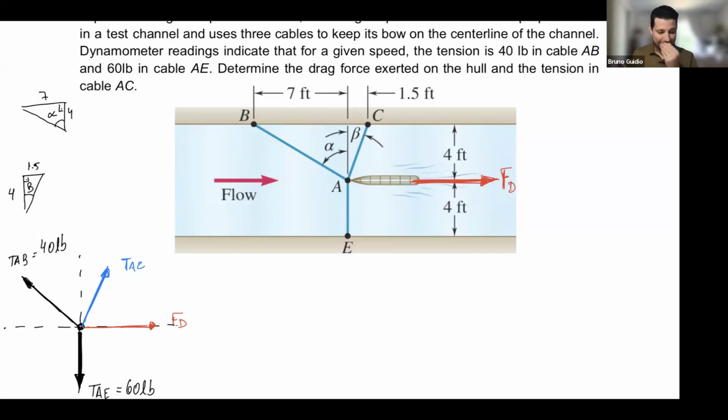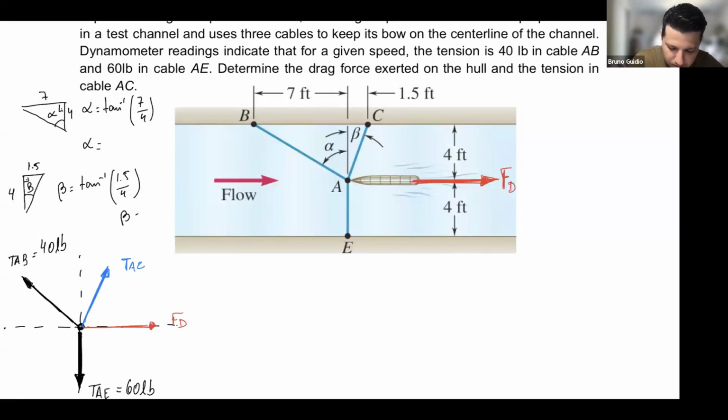How can I find it? Alpha is inverse tangent of 7 over 4. Beta is inverse tangent of 1.5 over 4. You guys agree? All good?